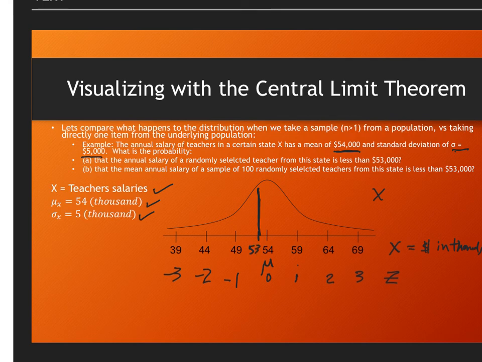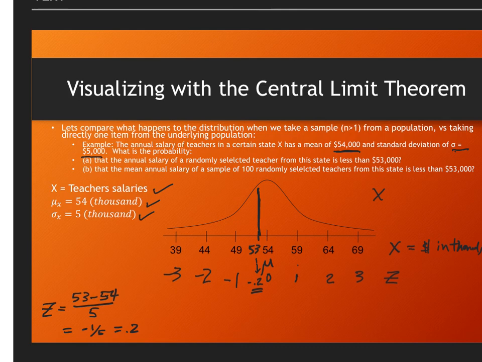If we took a look at the Z equivalent using our Z formula, we could go 53 minus 54 divided by this 5, which is my standard deviation. So that's -1 over 5, so -0.2, which you can see in relation to 0, 53 tracks to about -0.2 as far as its Z-score.